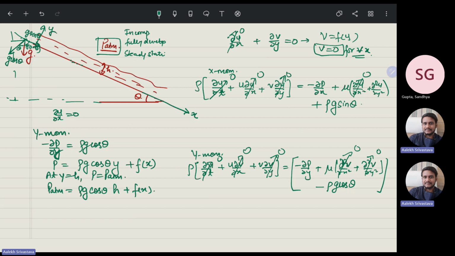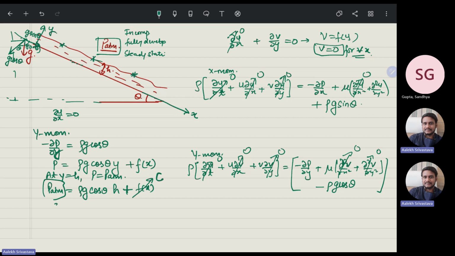But if you see, for every x you have the same pressure. That can be possible only when this term is a constant and not a function of x.